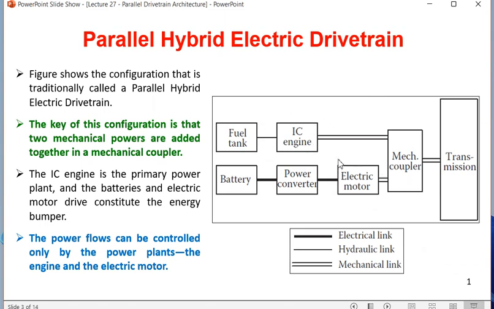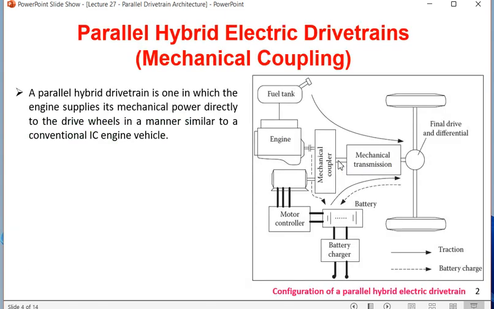So this is a detailed diagram for mechanical coupling or parallel hybrid electric drivetrain. It is one of the drivetrains in which the engine supplies its mechanical power directly to the drive wheels. You can find here that whenever the secondary, that is the battery, is supposedly cut off, the fuel tank is giving chemical energy to the engine, that is the gasoline or petrol.